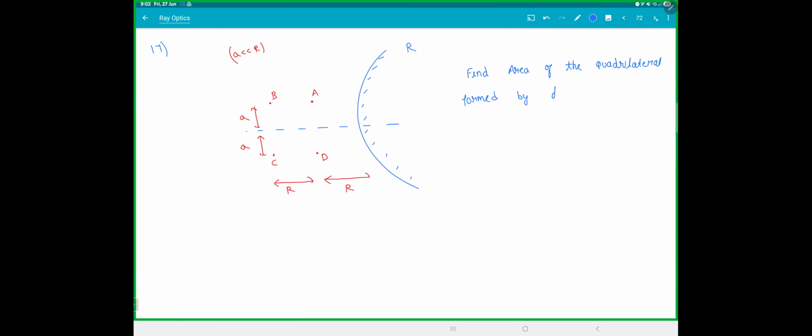Formed by images of A, B, C, D. So there are 4 points. These 4 points will create four images. If you join all these 4 images, you will get a quadrilateral. Find the area of that quadrilateral.